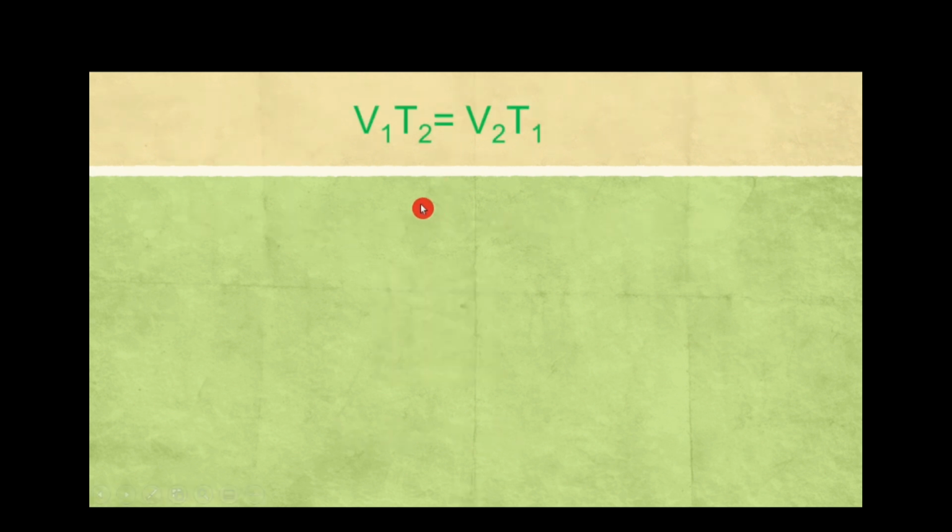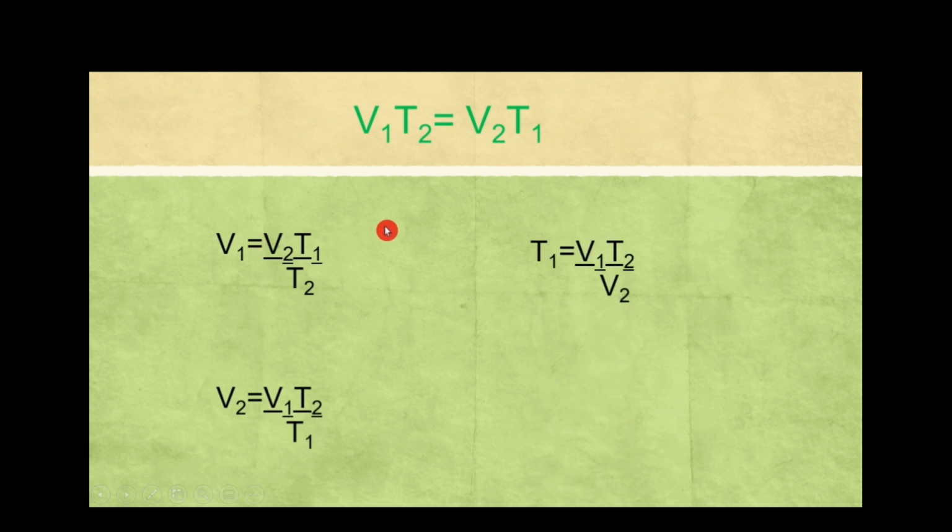So using the general formula for Charles' law, we will come up with different formulas in solving for initial volume, final volume, initial temperature, and final temperature. But how do we come up with these formulas? So it will go like this.